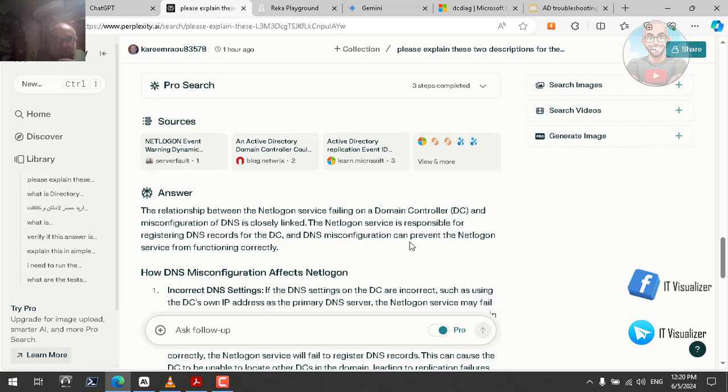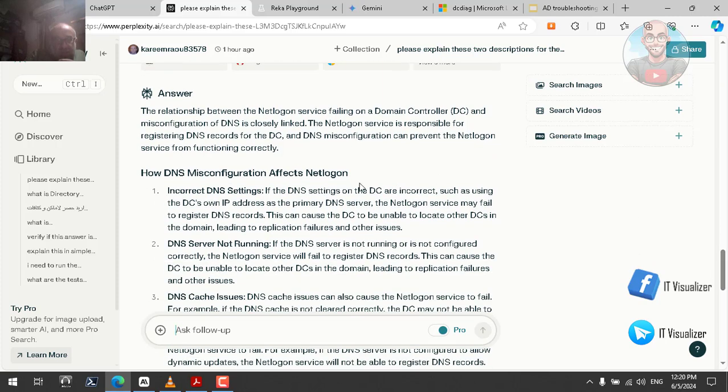DNS misconfiguration can prevent the Netlogon service from functioning correctly. Incorrect DNS settings, such as using the DC's own IP address as the primary DNS, may make the Netlogon service fail to register DNS records. This can cause the DC to be unable to locate other DCs in the domain, leading to replication failures and issues.